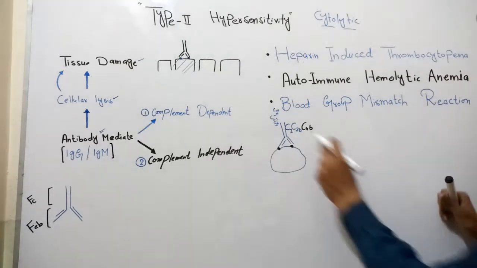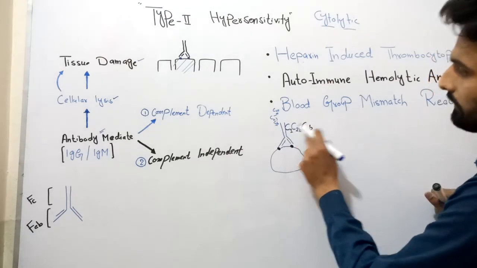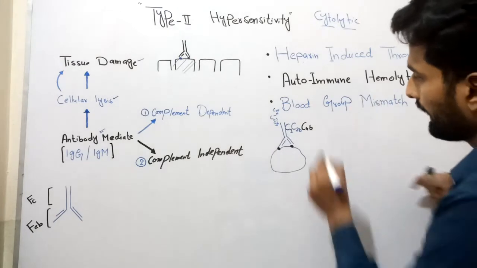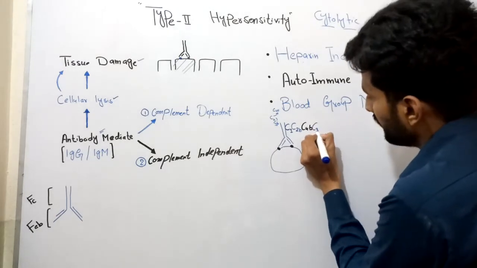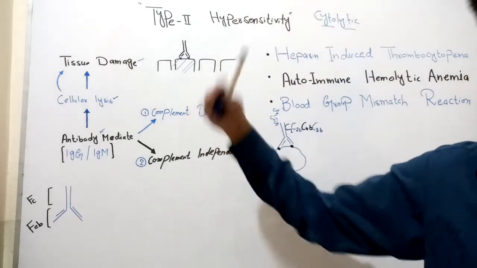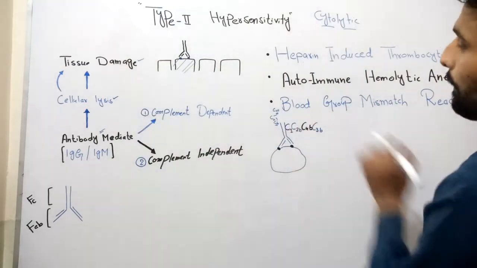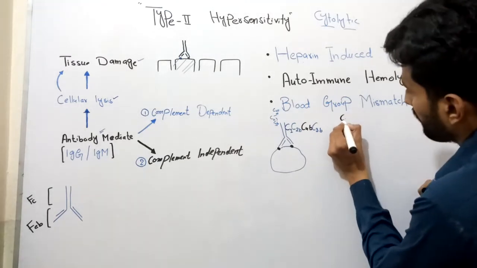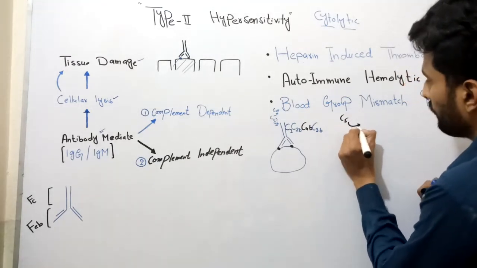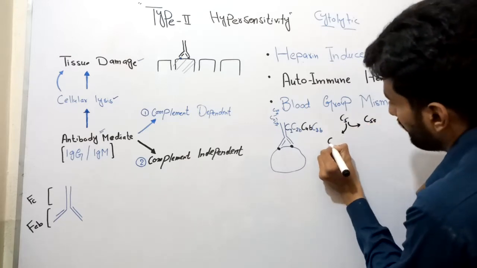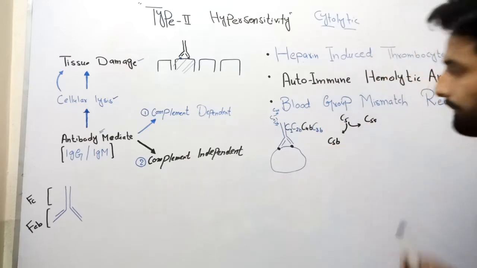Now this C1, C2B, C4B complex can convert C3 into C3A and C3B. Now C3B will attach with this complex, and C3A will stay away. Now this whole complex can convert C5 into C5A and C5B.